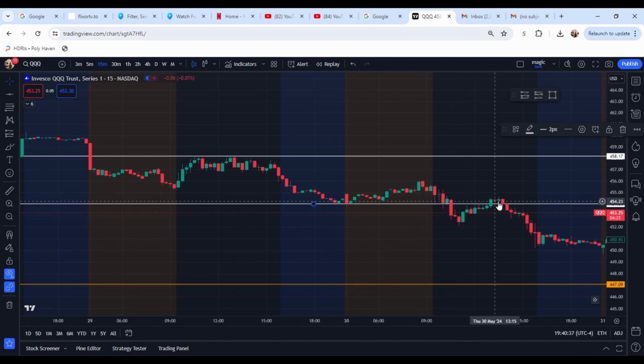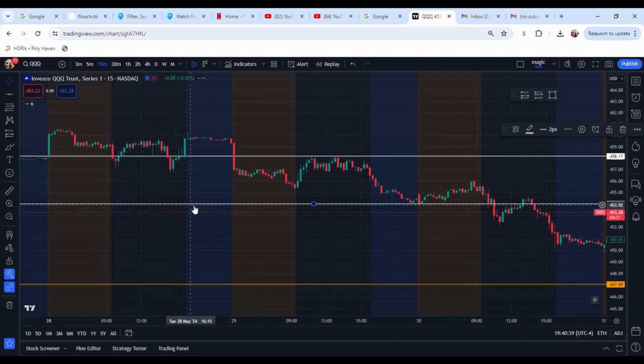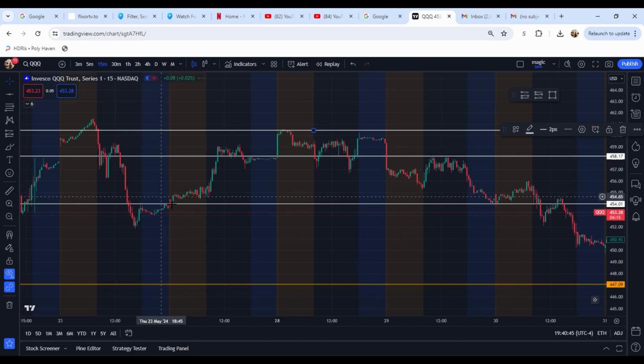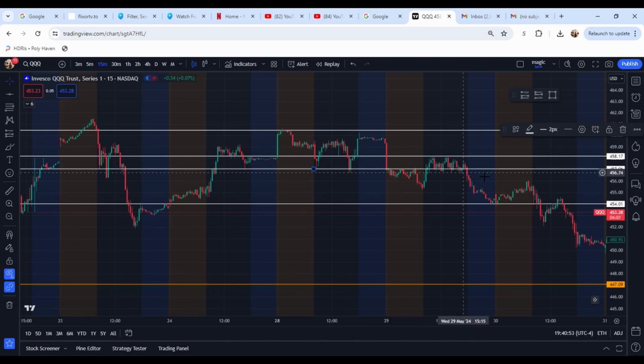Support becoming resistance, right? You have that. You'll have this, right? And what happens is your chart will be confusing. You'll get confused, right? Because you have all of these different levels and you won't know what to do. You know, well, should I buy here or should I sell? Oh, let me buy. Oh, buy, sell, right?